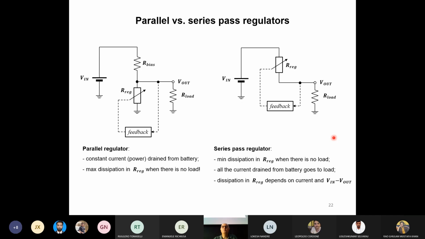In this case, we can have this series pass element here, the load here, and we keep the output voltage constant just because we can make a sort of variable voltage partitioner that basically we can regulate in order to keep the output voltage constant.